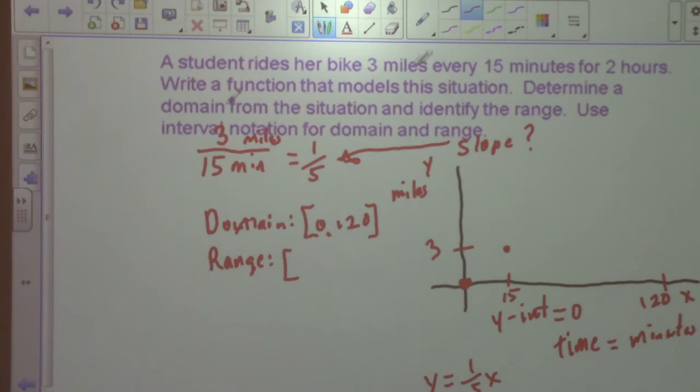Well, we went 3 miles in 15 minutes, but we need to go 120 minutes, right? 24. Oh, okay. So Ben suggests 24, right?